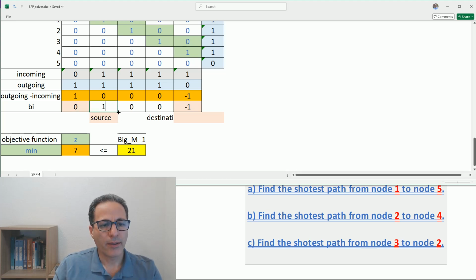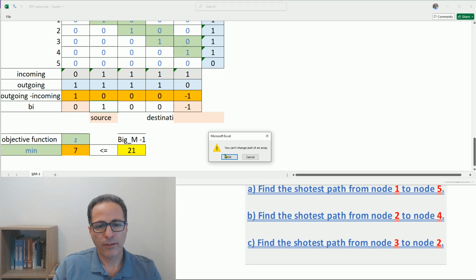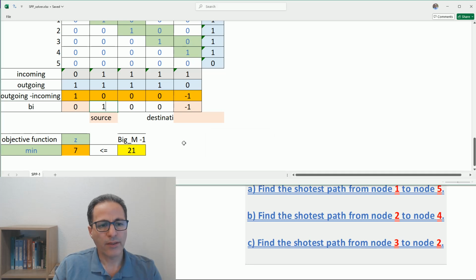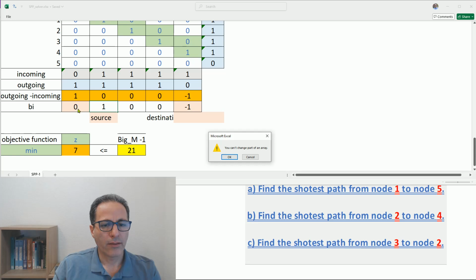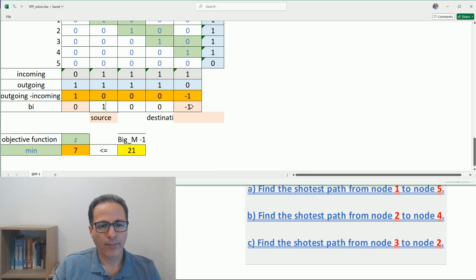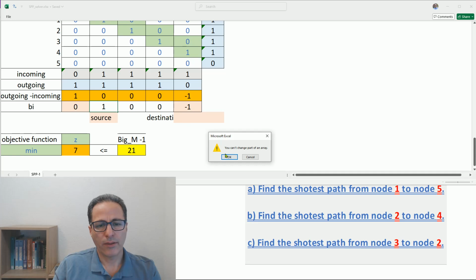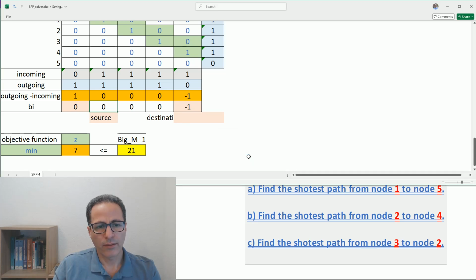And maybe, oh, this is a part of an array, sorry. So 0, 0, 0, 0. Now this is -1.